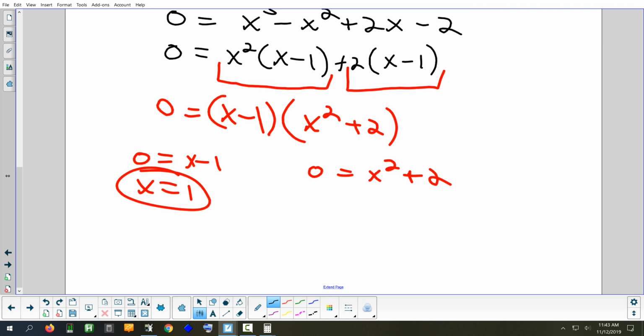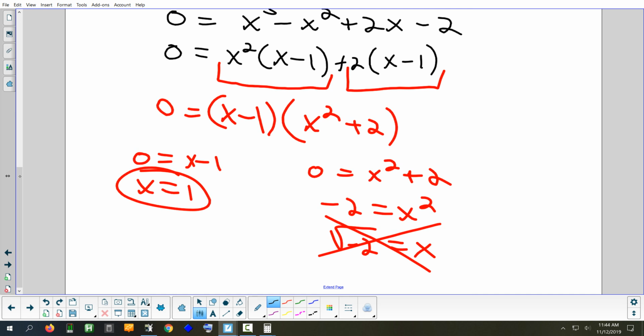Let's do the other one. Subtract 2. How do I undo squaring? Chris? Square root. Take the square root of both sides. And what's the square root of negative 2? Imaginary. It's imaginary, so we're not going to bother with it. So the only answer that I got is 1.